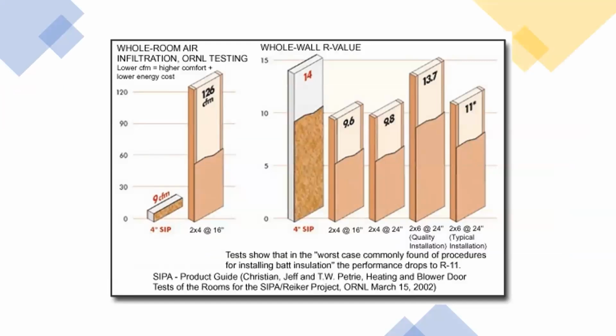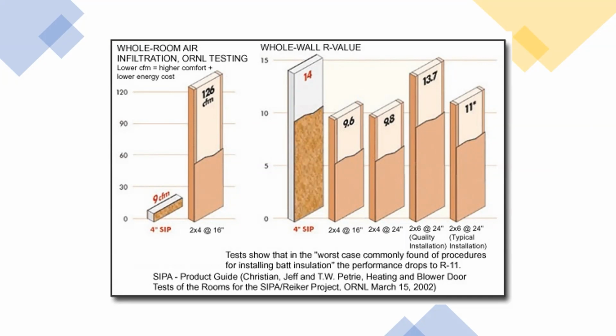I found this interesting as well. This is a comparison of the advantages of SIP panels over traditional framing. SIP panels are structural insulated panels. It's basically expanded foam trapped in between two OSB boards. It's a great representation of how thermal bridging like studs lowers its effective R value. Here we see the SIPs without all the studs.